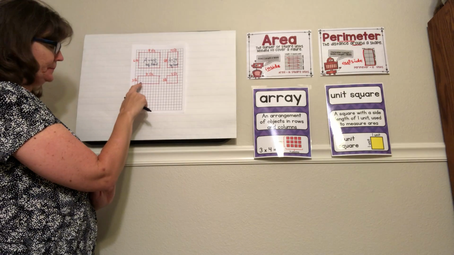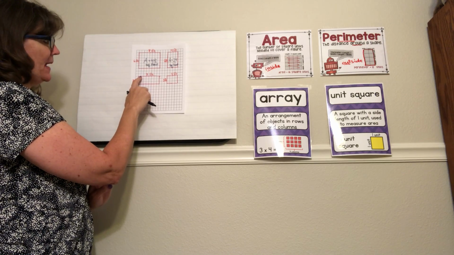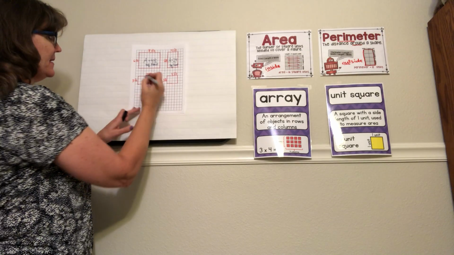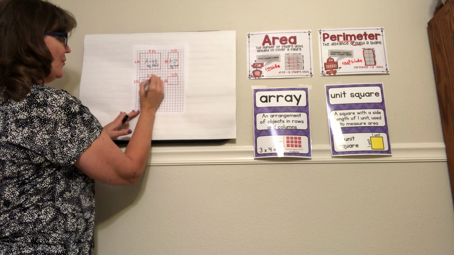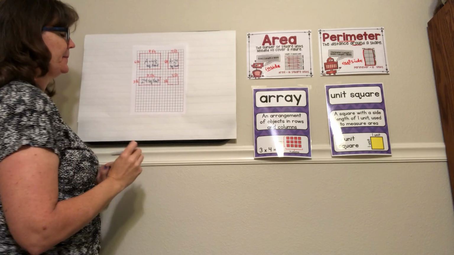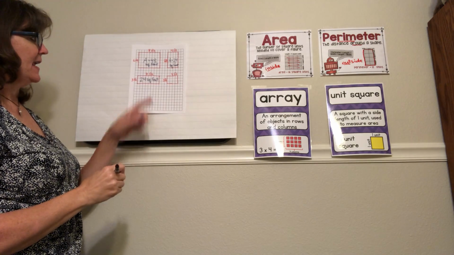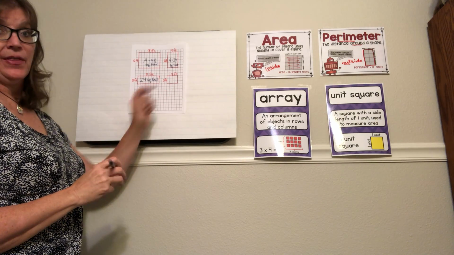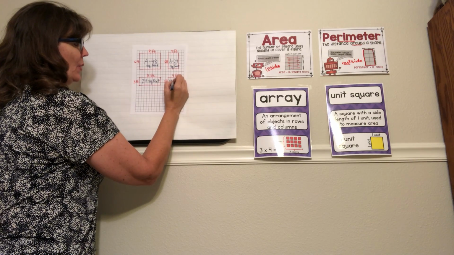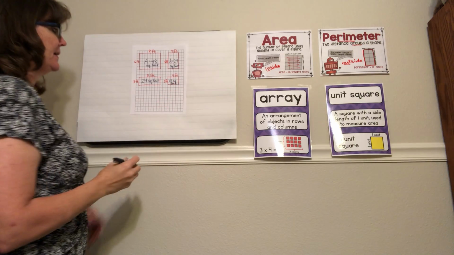Now this rectangle, my length is 3 feet and my width is 8 feet. 3 times 8 equals 24 square feet. And I look over at my final rectangle. It has a length of 3 feet and a width of 4 feet. 3 times 4 is 12 square feet.